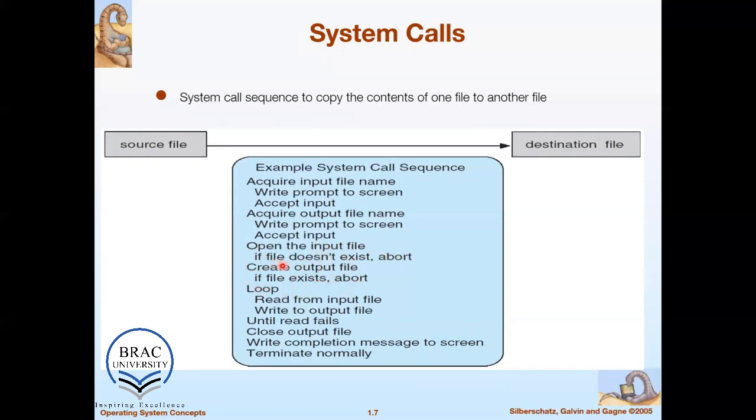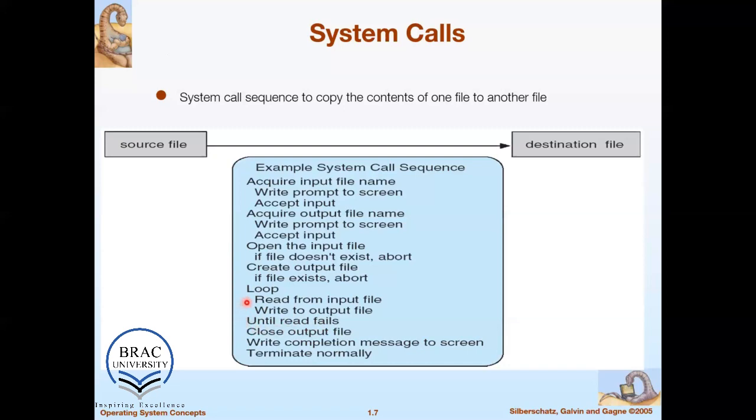Till now, if everything is okay, then next we need a loop for copying the content of the input file to the output file. This loop runs until the read fails, meaning there is nothing left to read. We need a loop of system calls over here.